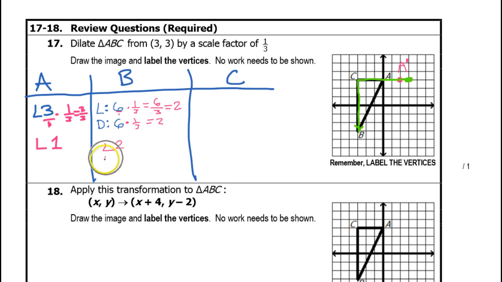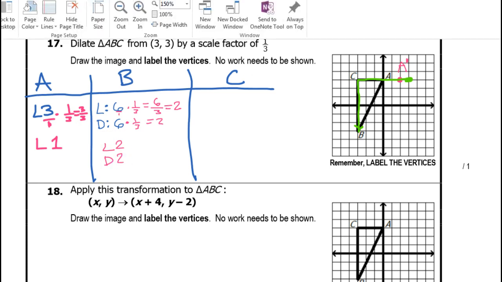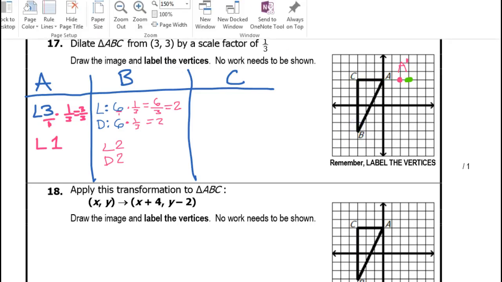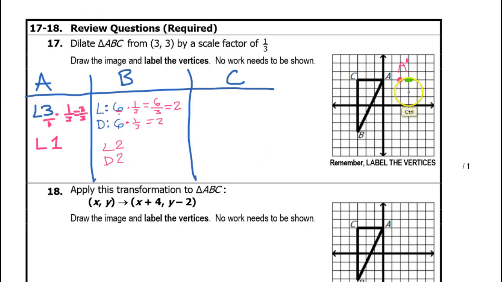So I need to go left 2 and down 2. Alright, so let's do that. If I go left 2 and down 2, that puts me right here. So that is going to be B prime.